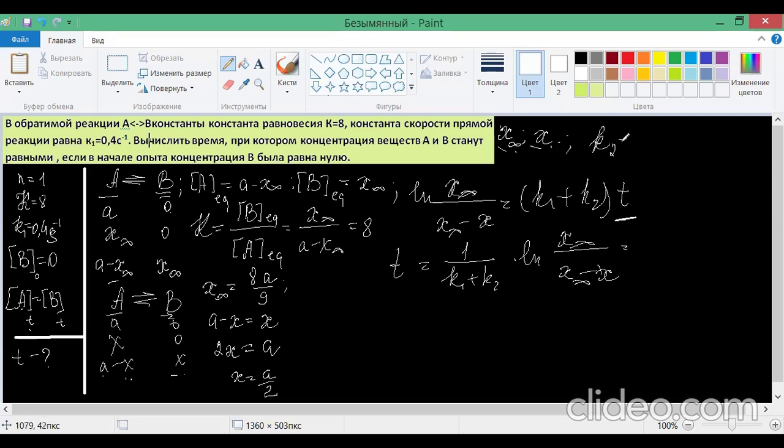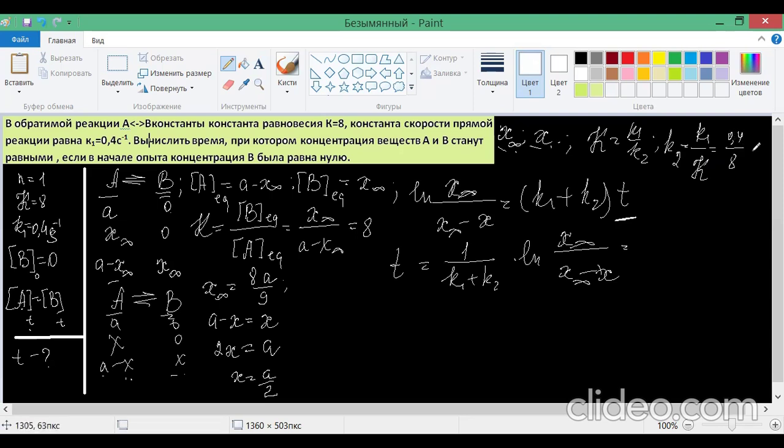K2 is equal to K1, no, on the second place. Capital K is equal to K1 to K2, right? Divided. So that means that K2 is equal to K1 divided by capital K. K1 is 0.4.